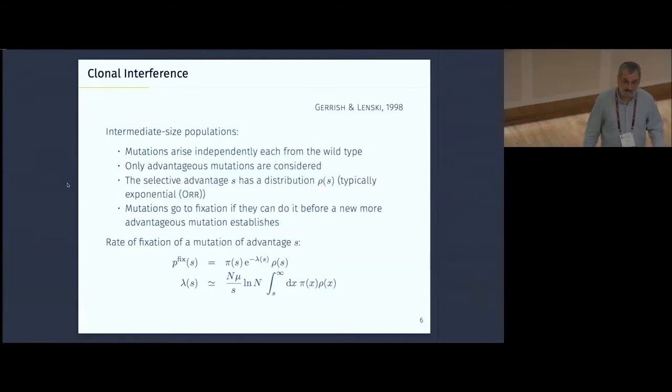So this is an argument that Alan Orr introduced to say that this rho of s will probably be something of the order of an exponential. I would say that experimentally, it has been evaluated in lab strains of E. coli in several experiments, in particular by Isabel Gordo in Portugal, and it works.